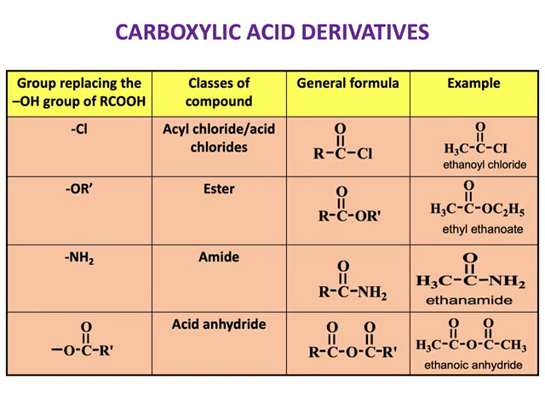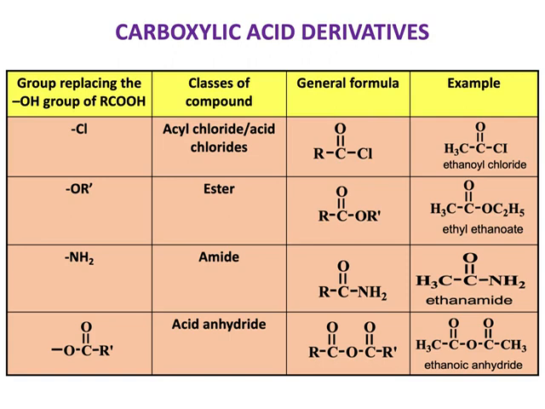So here is the carboxylic acid derivative, which is halogen, Cl, bromo, iodo, and fluoro. The name of the compound we call acid chloride. So here is the general formula for acid chloride. Acyl bonded with the halogen, any type of halogen.